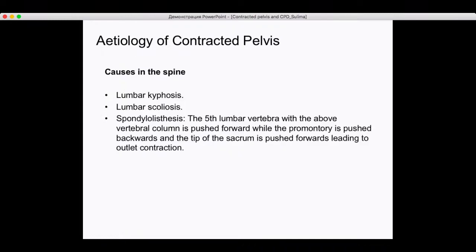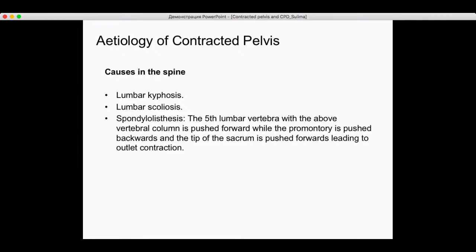Of course, spine disorders have a very big influence on changes of pelvic size and shape. For example, lumbar kyphosis or lumbar scoliosis.